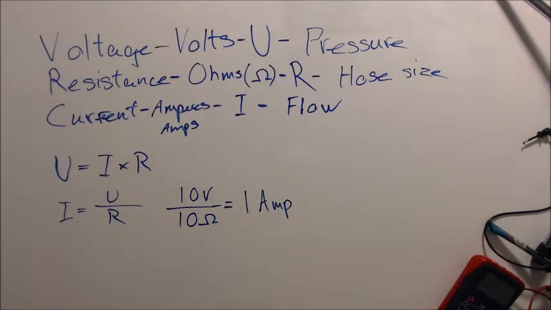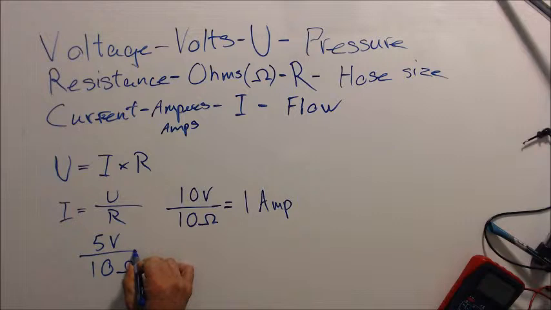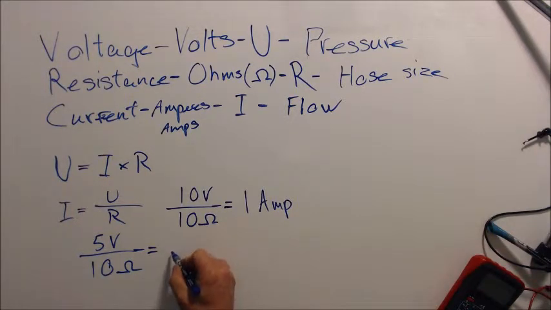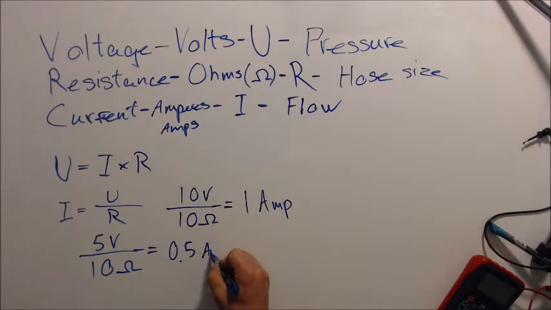So what happens if we change some of this? Let's say we change the voltage down to 5 volts. Still 10 ohms. Well, now all of a sudden we've got 0.5 amp, half an amp, by lowering the voltage. Let's make another example. Let's change to another color to keep it a little more separated.